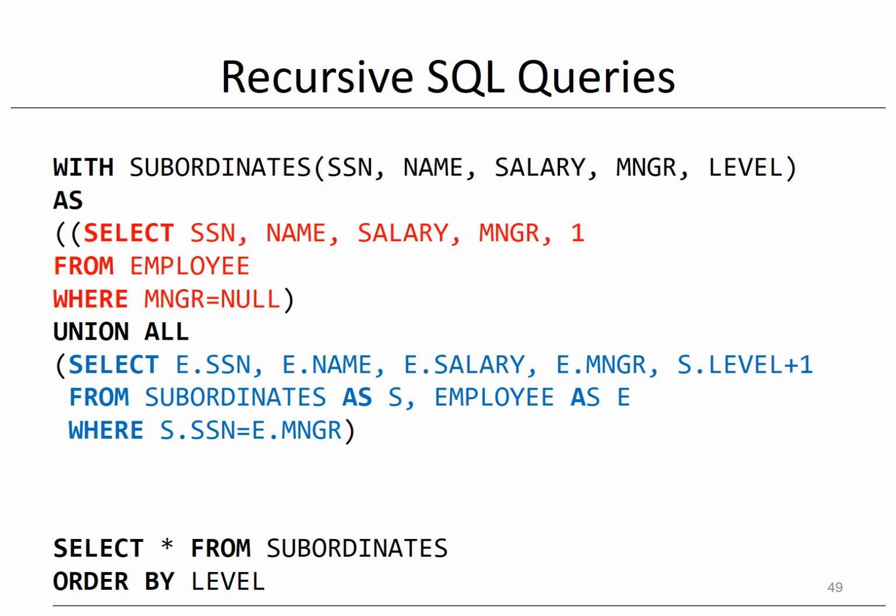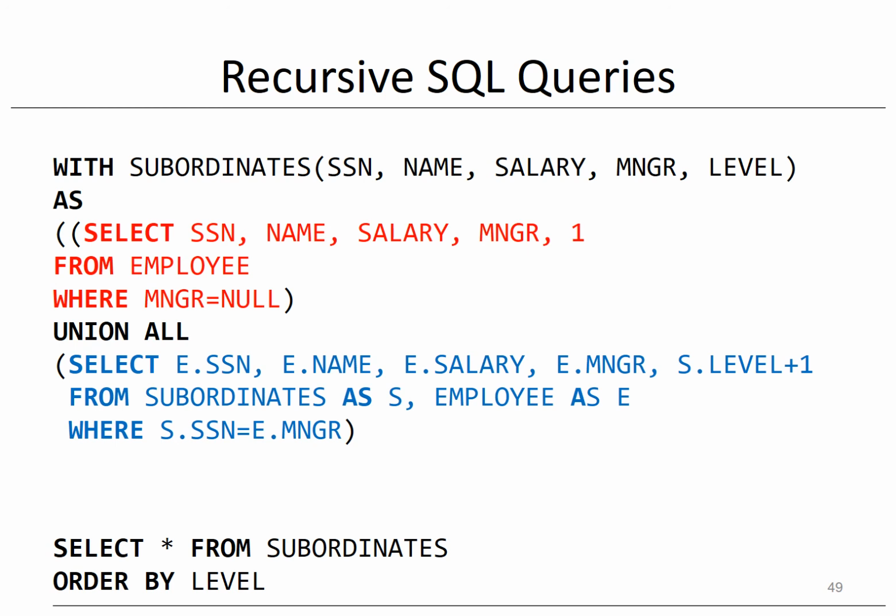Let's now assume we would like to write a query to find all subordinates of a given employee. This can be solved with the recursive SQL query you see here. This recursive query defines a temporal view subordinates which will be used to store the intermediate results. Such a view always contains three parts.